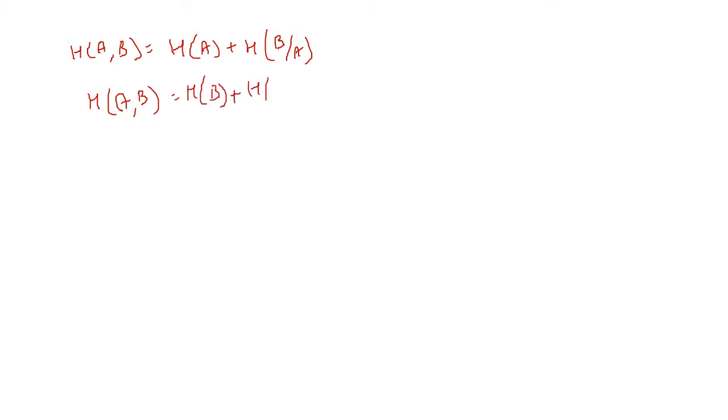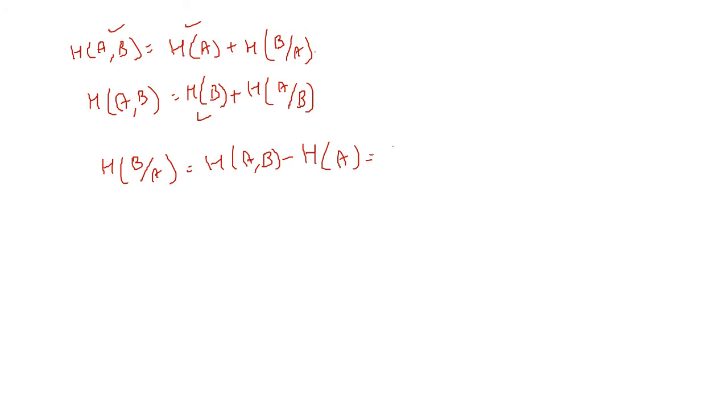Now find H of A by B and H of B by A. We'll use the relationship H of A comma B equals H of A plus H of B by A, or H of A comma B equals H of B plus H of A by B. We know H of A comma B, H of A, and H of B. So H of B by A is H of A comma B minus H of A. Substituting, 2.666 minus H of A, and H of A is 2.066.